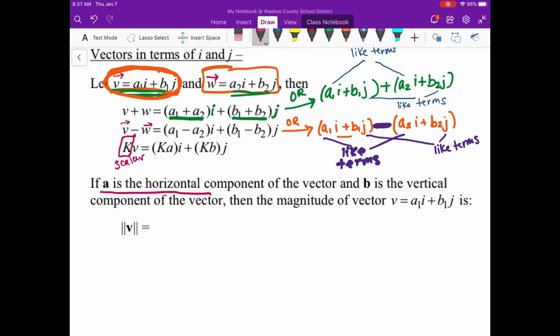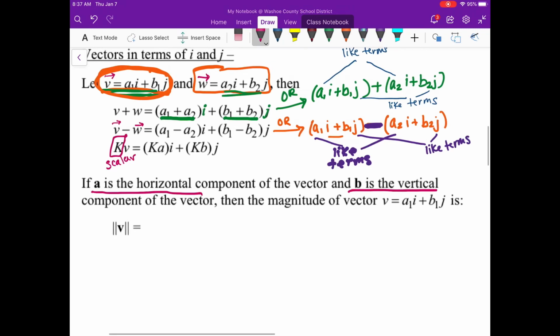All right. So in the vectors, a is the horizontal component. Again, horizontal means think of your x's. b is going to be your vertical component. So think of that as your y's, going up and down. And if I were to ask you to find the magnitude of a vector, the vector is going to be written like this.